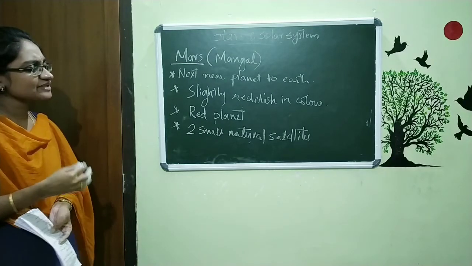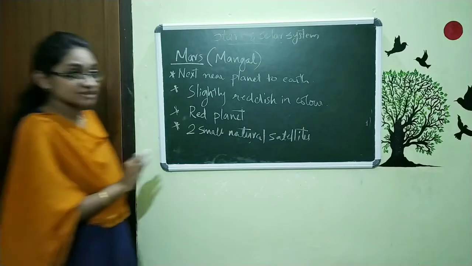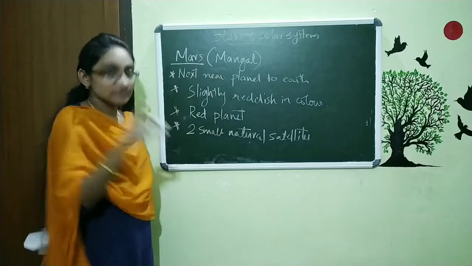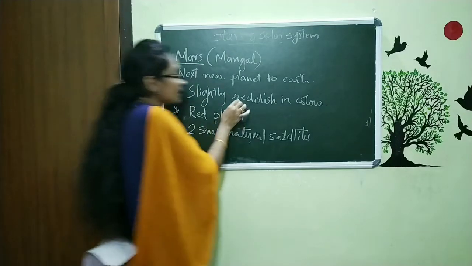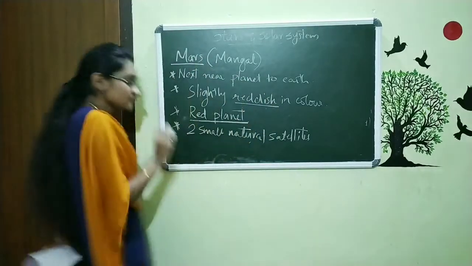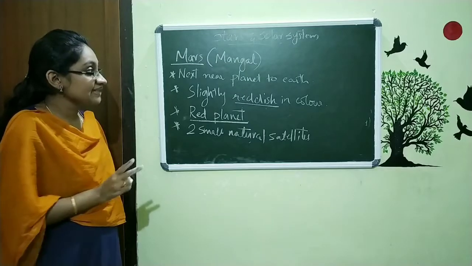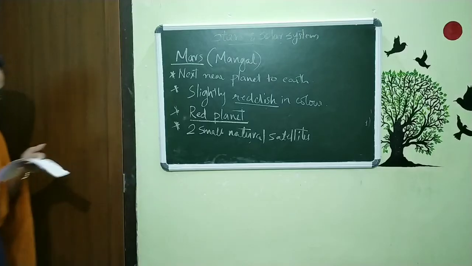In all the sessions, we are talking about natural satellites and not artificial satellites. So, this is the next nearest planet to Earth, the first point. Then we said that it is slightly reddish in color, and because of that we call it the red planet. Mars has two small natural satellites, and its other name is Mangal. This is all about Mars.